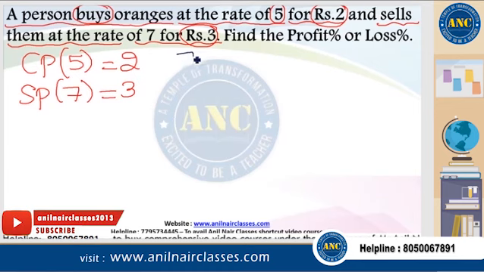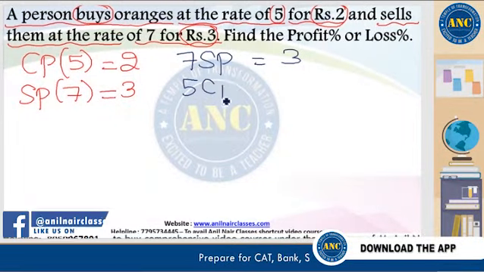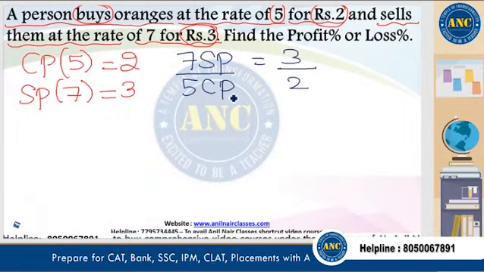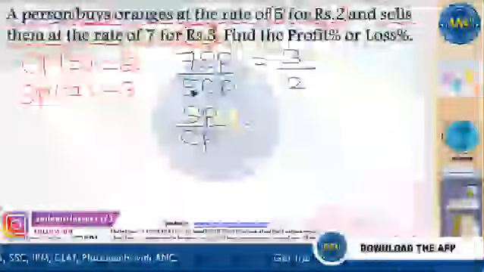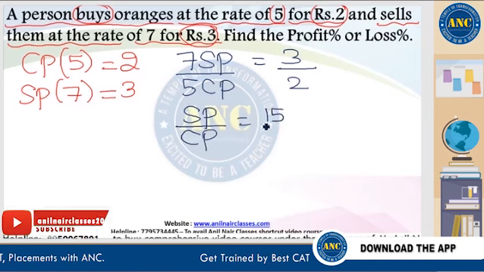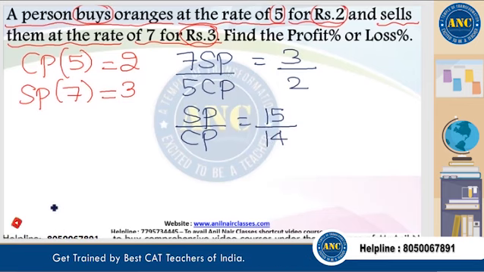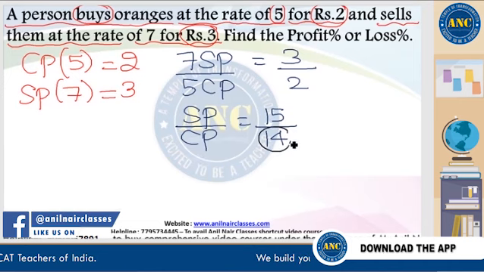Express it as SP by CP. 7 SP is equal to 3. 5 CP is equal to 2. SP by CP is nothing but cross multiply. 5 into 3 is 15. 7 into 2 is 14. It is 15 by 14. The meaning of 15 by 14 is the denominator is the initial value 14.